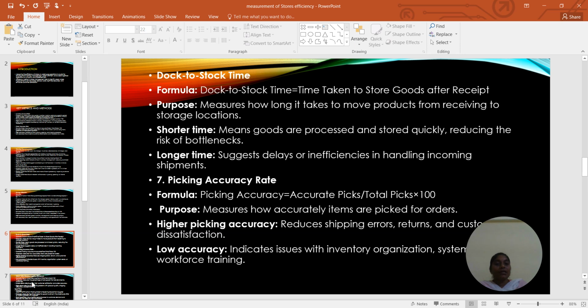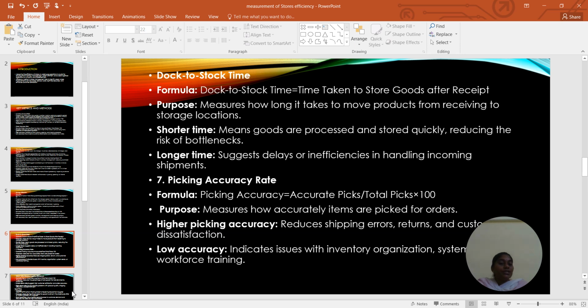Longer time suggests delays or inefficiencies in the handling of incoming shipments. It is calculated by time taken to store minus time of goods receipt.